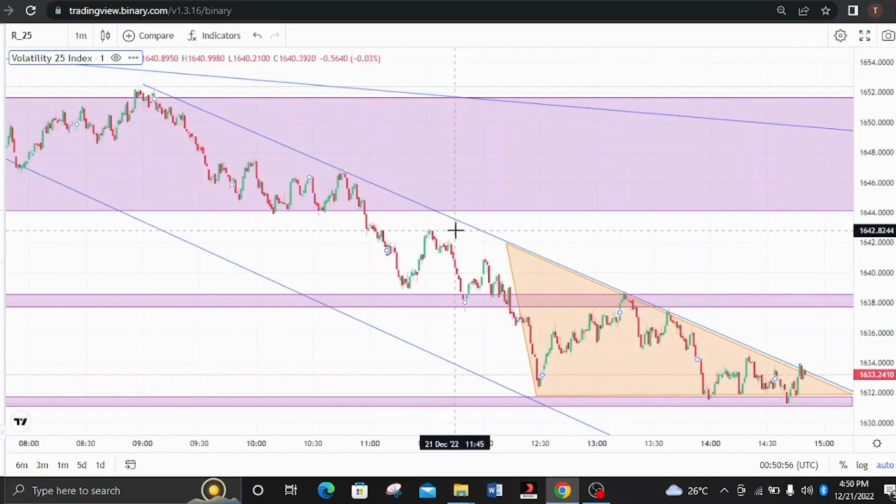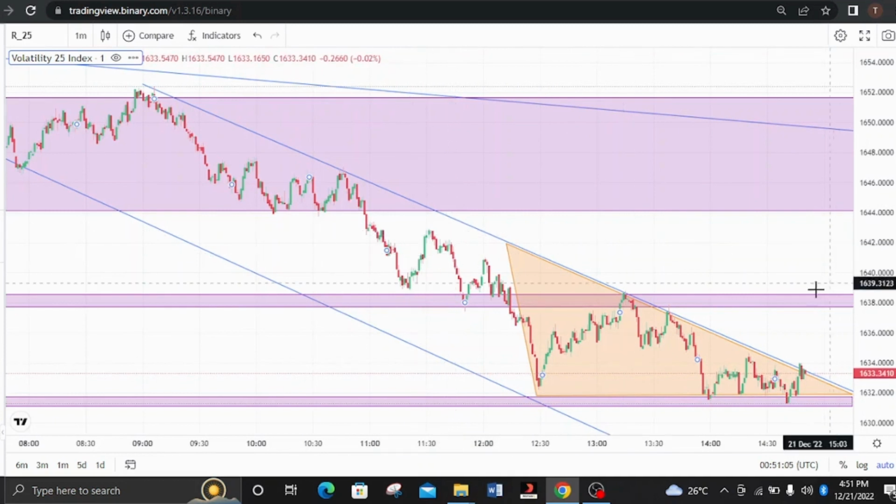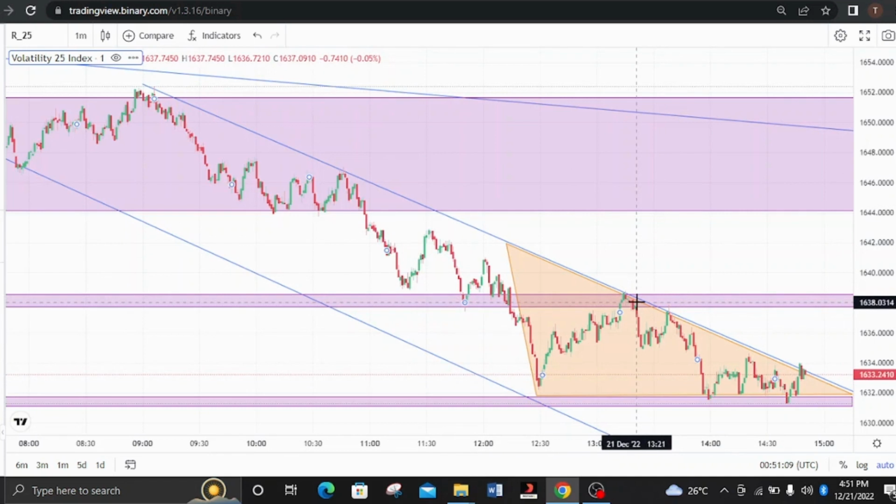So expecting price to break out, whichever direction it breaks out to, we'll have to go in with a trade in that direction. So that is how it works with continuation and retest patterns.